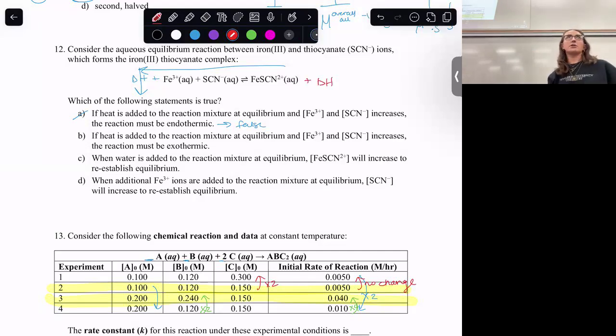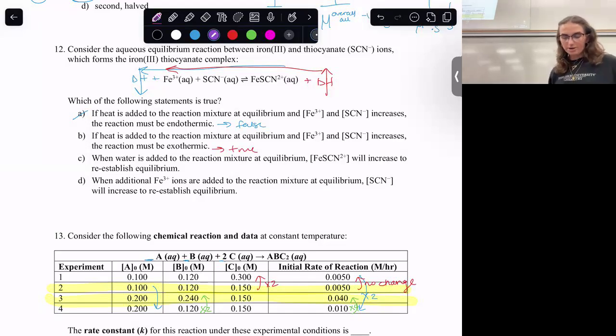And we're adding heat to the reaction mixture. So what's increasing, products or reactants? Products. So which way does our arrow go? Towards reactants. What happens to our concentration of iron and thiocyanate? Increases. So does B look promising? It does. I wouldn't stop here. Let's prove our other ones false.